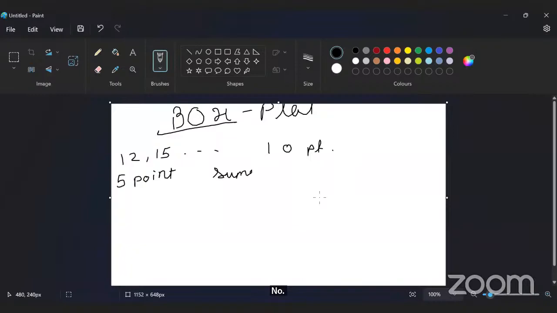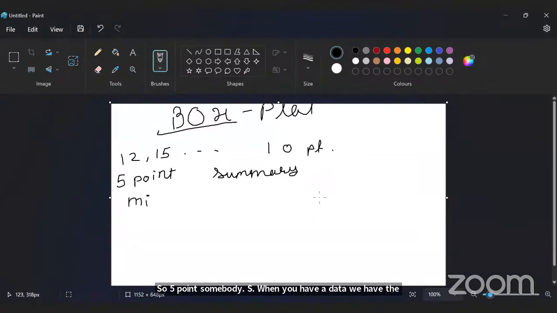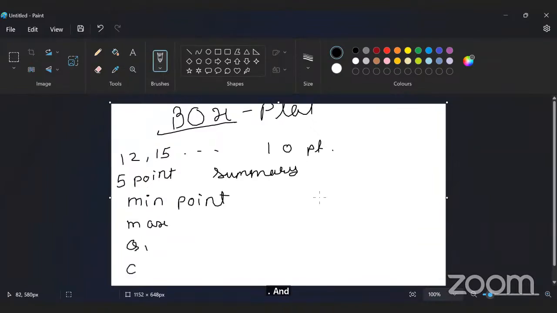When you have data, we have the minimum value, the maximum value, and the first quartile, second quartile, and third quartile. These are the 5-point summary of any data set.